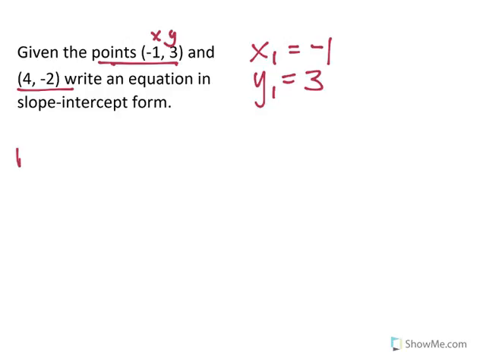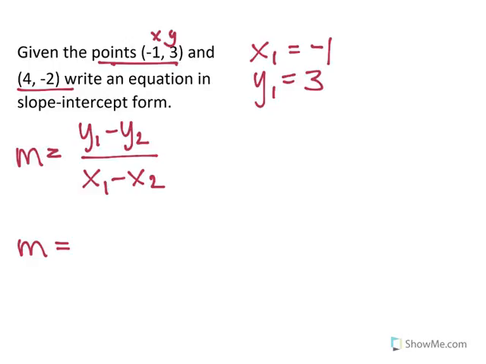Because we know that slope equals y1 minus y2 divided by x1 minus x2. So using this equation, we're going to write 3 minus -2, which can be changed to a positive.